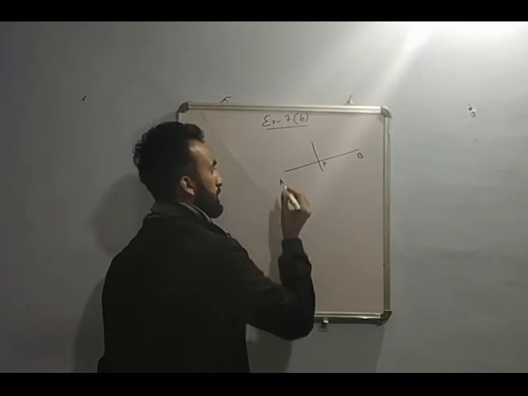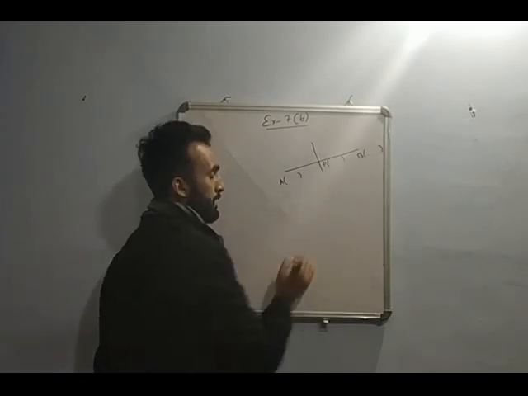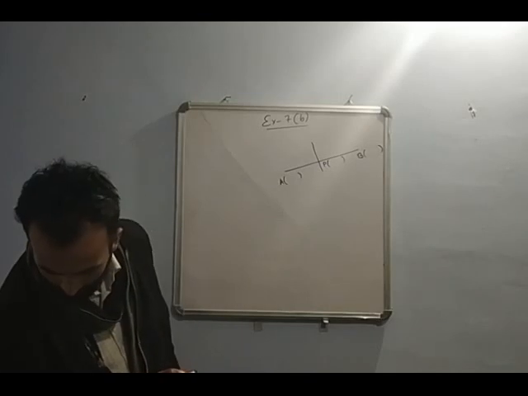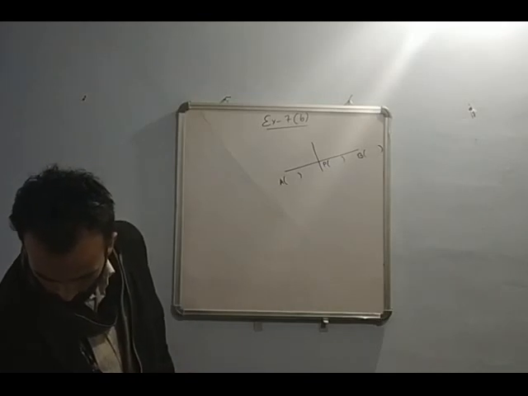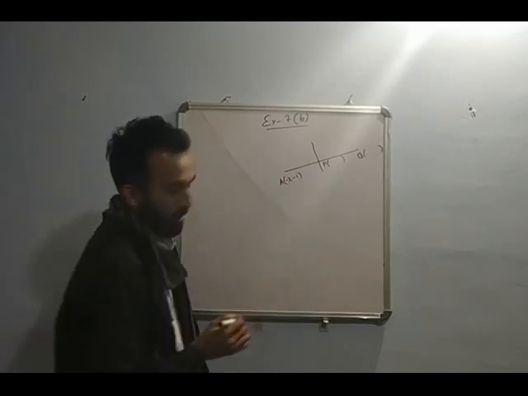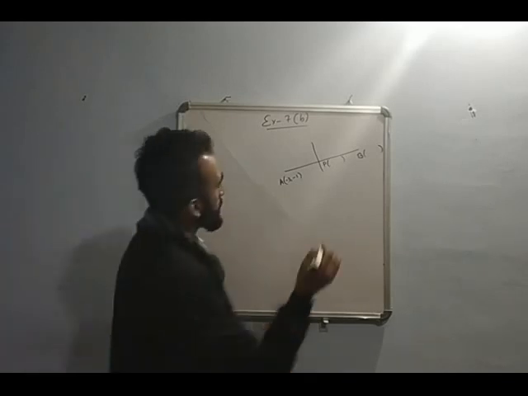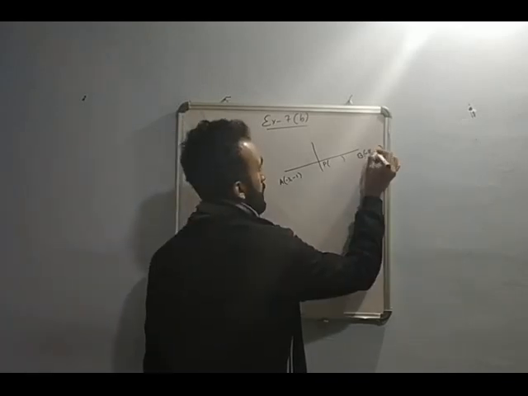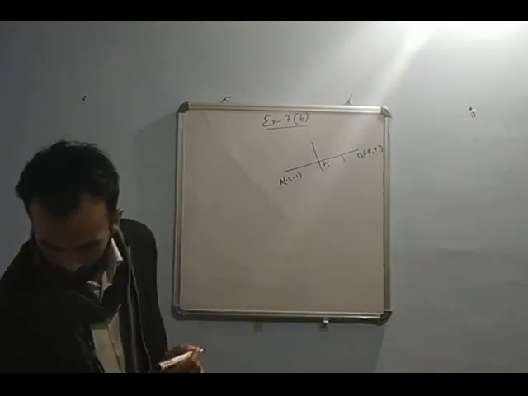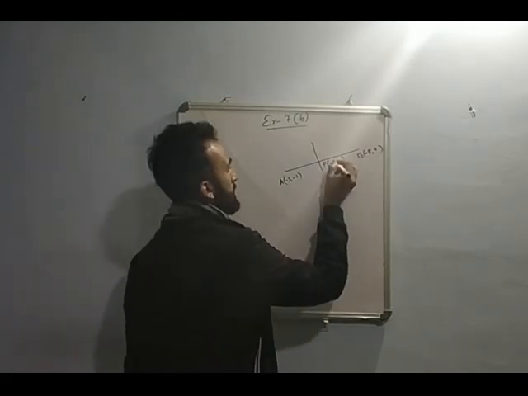Okay. Point P. All the coordinates are given to you. Point A coordinates are -3 comma -1. Point B coordinates are -8 comma 9, and point P, the point which divides, is -6 comma 8.